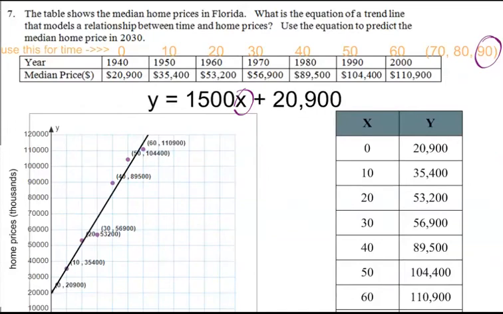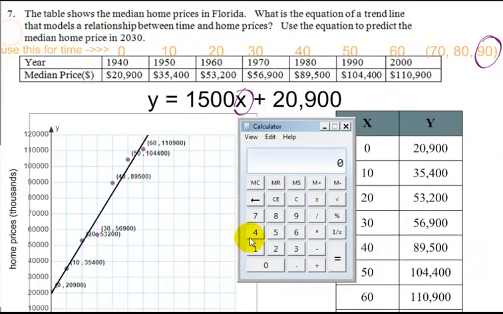So let's get our calculator, and I'm going to say 1500 times 90 equals 135,000. And now we're going to add to that 20,900.